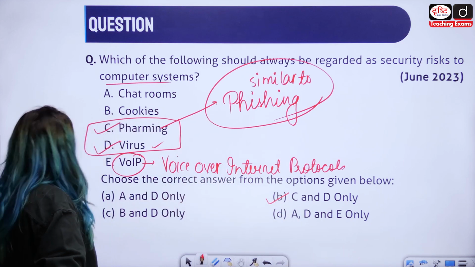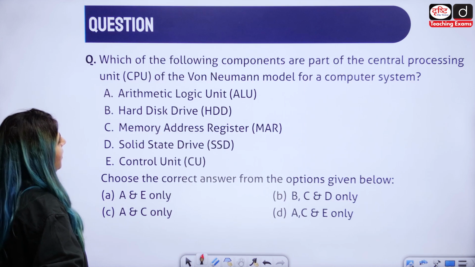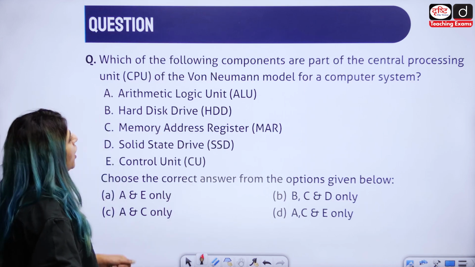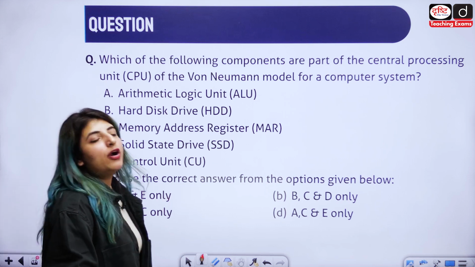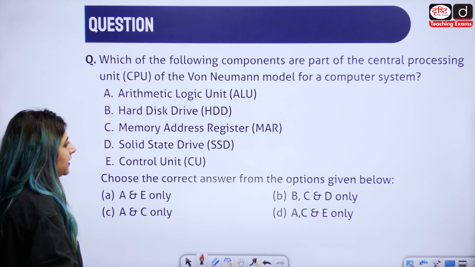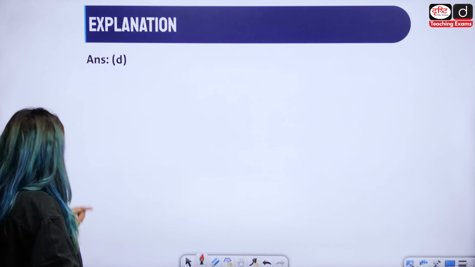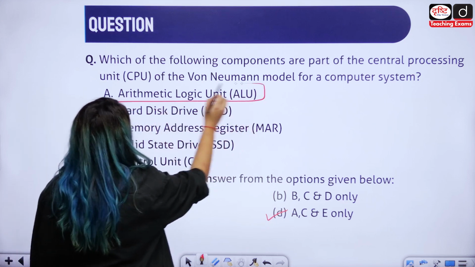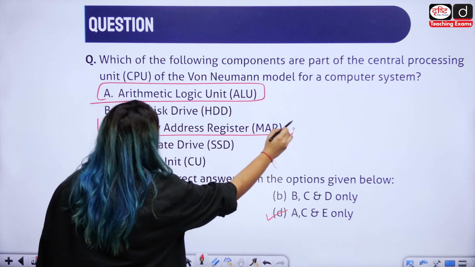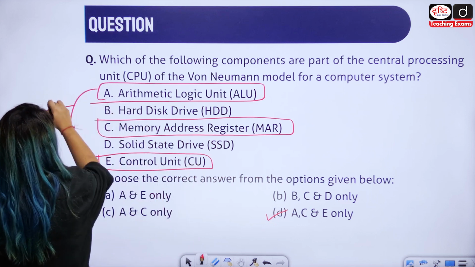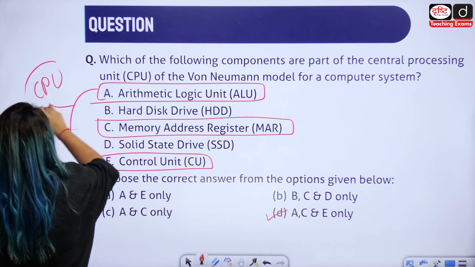Correct? Moving forward to the next question: which of the following components are part of the CPU of the von Neumann model for a computer system? The answer to this question is option D, that is A, C, and E. These three form the CPU, right?